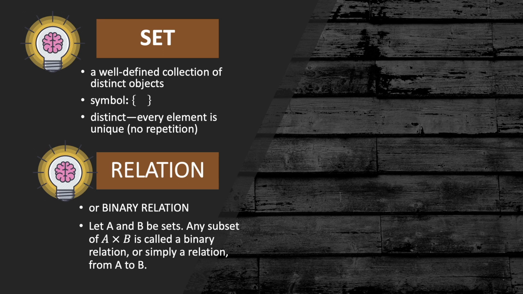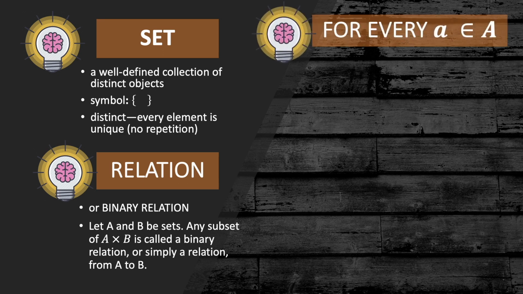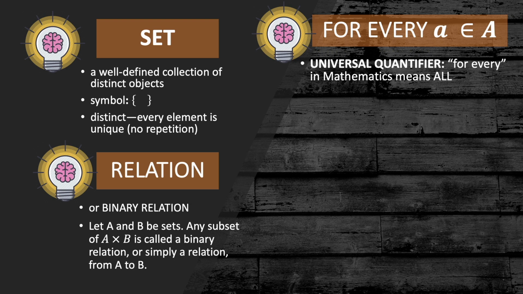Did you know that the universal quantifier for every or for each in mathematics means all? Therefore, when we say for every a element of A, we mean that all elements in set A, no one is excluded. In this video, we refer to A as the domain of the function.